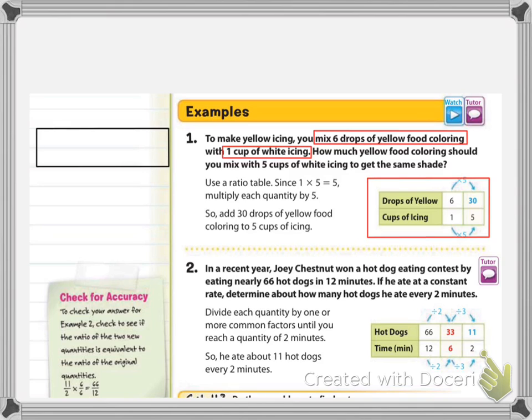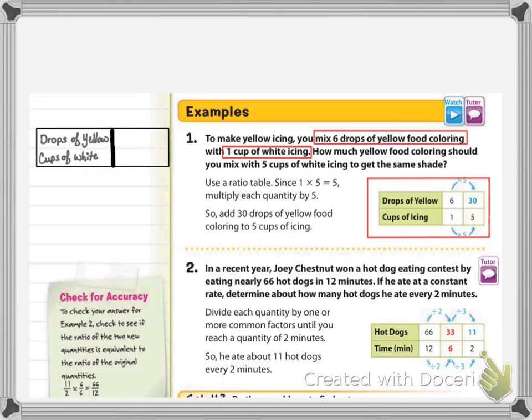It's to use them to line our stuff up. So you can see here that I went ahead and titled my rows. I've got my drops of yellow on the top, cups of white on the bottom. I'm going to draw my vertical line. If I can get that in there right. Too big.